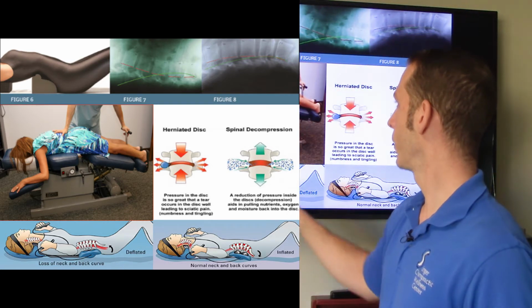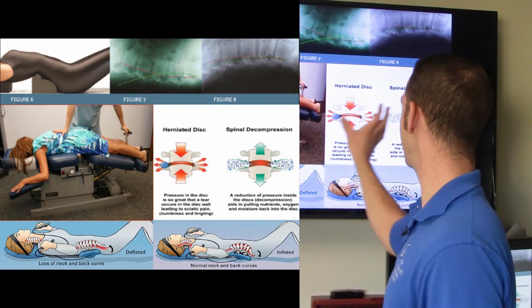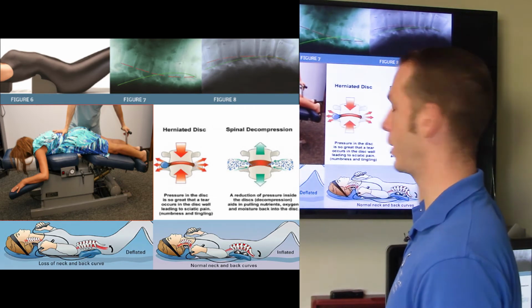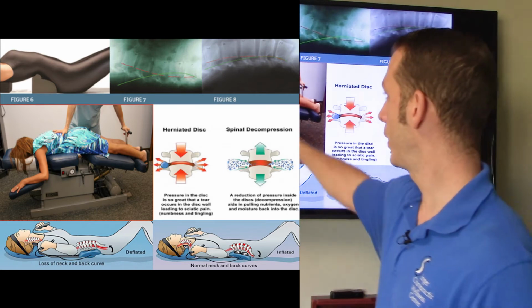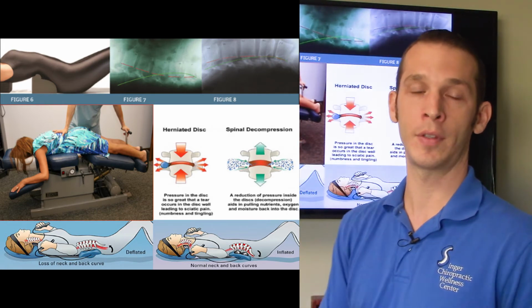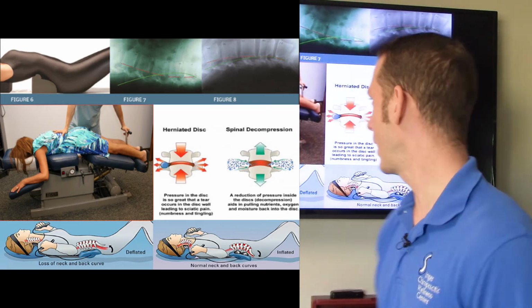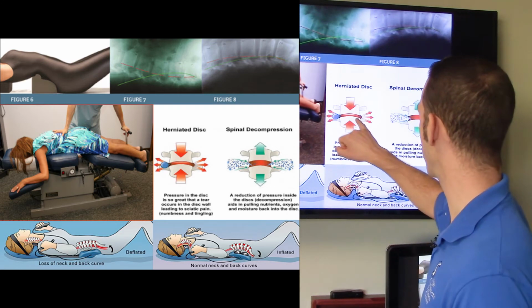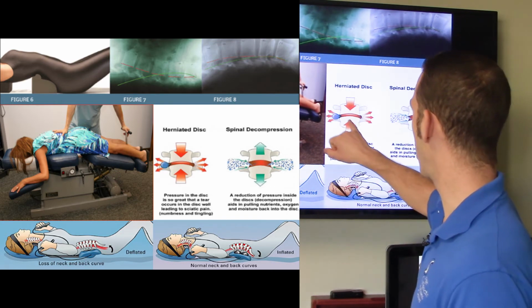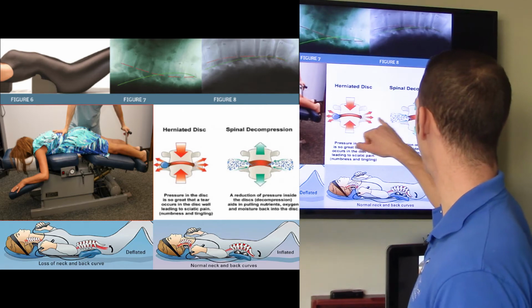Here we have the discs, right? So compression on the disc or a herniation. This is called decompression. This is what we do in our office. It's called flexion distraction. The idea is you're creating what's called a negative pressure on the inside of the disc space right here.